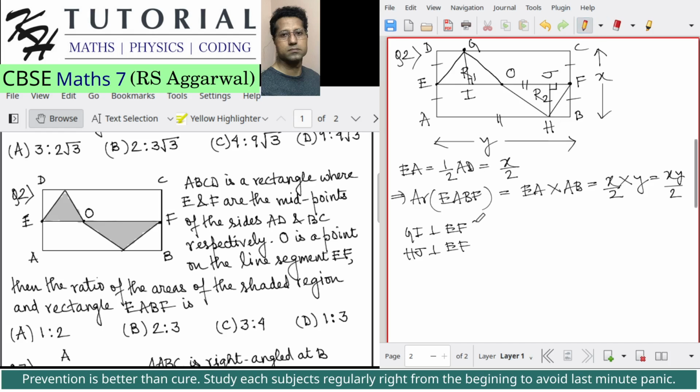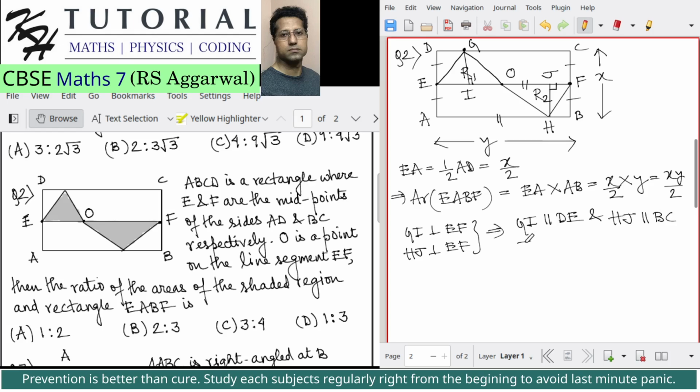So these two will imply that we must have GI parallel to DE, and HJ parallel to BC.